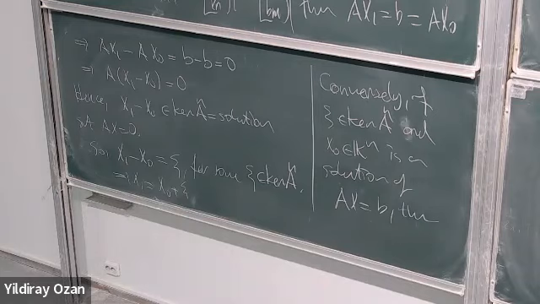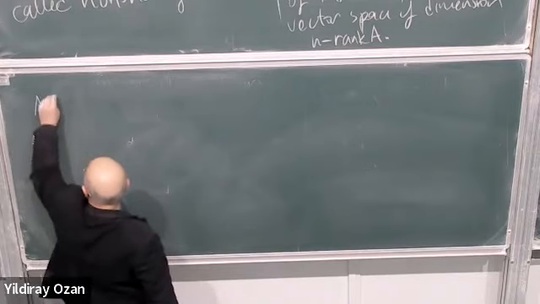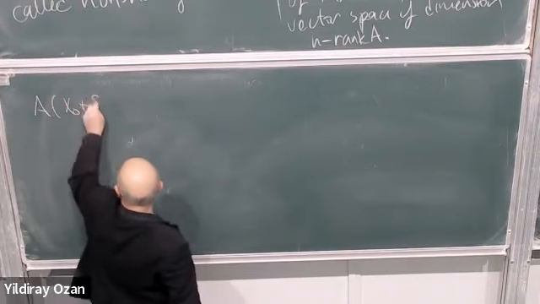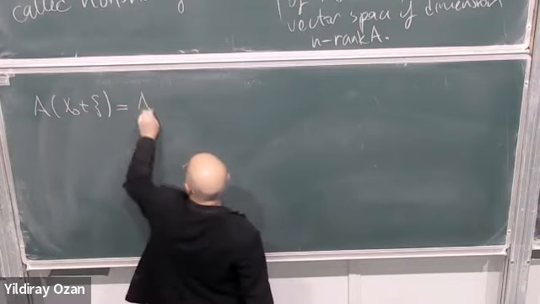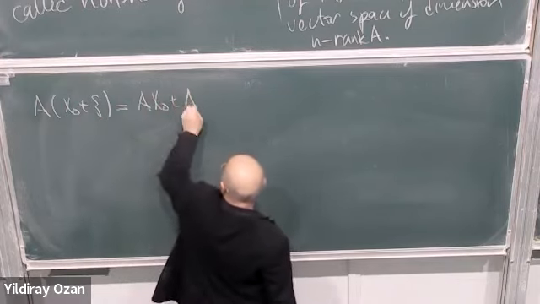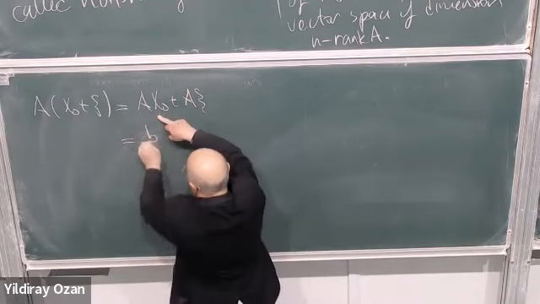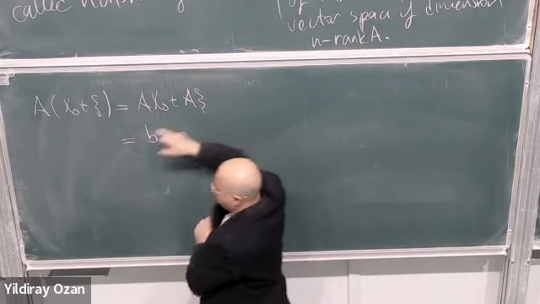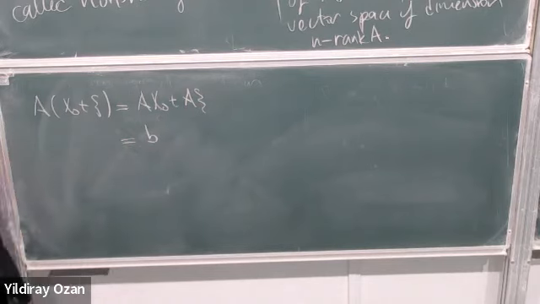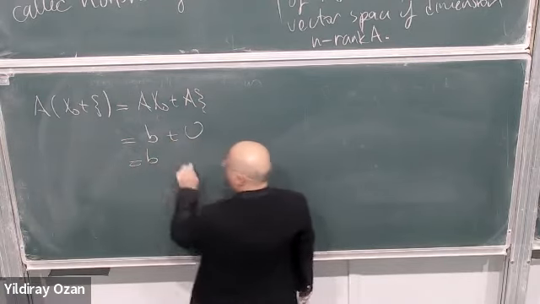Then what is A(x0 plus c)? Well, this is just Ax0 plus Ac, but Ax0 is just b, and Ac is just 0 because it's in the kernel. So this is just b.